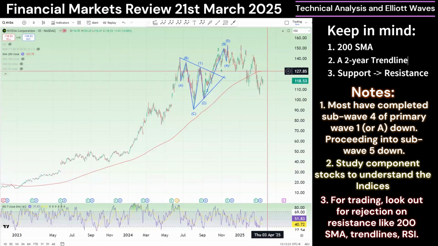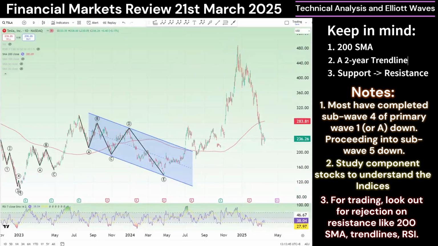For me, I still think the overall picture is a short, so I would find opportunities to short Nvidia instead of longing it. That's just because the macro view is bearish, so I will have a bias on the individual stocks to be bearish also.